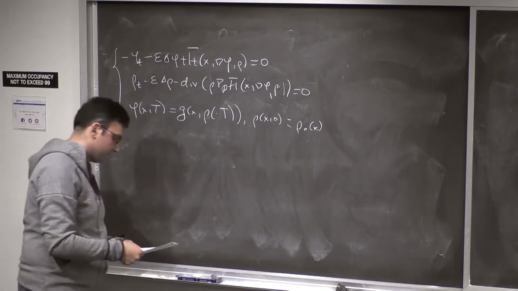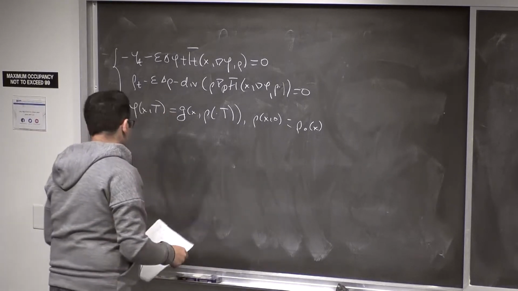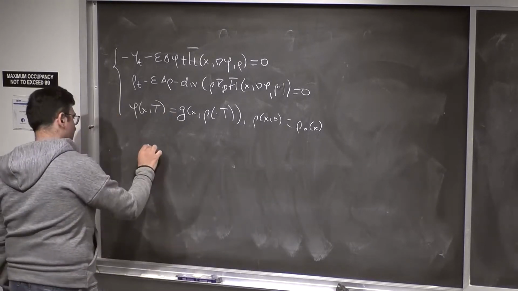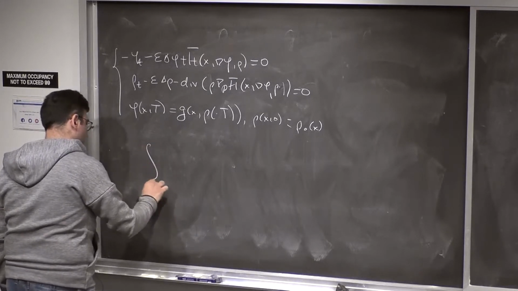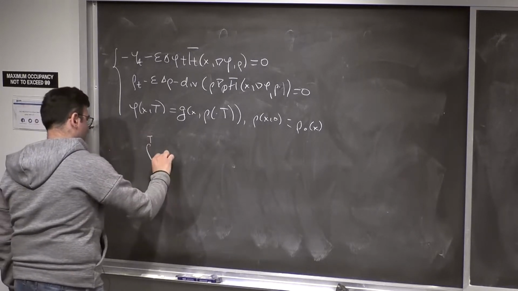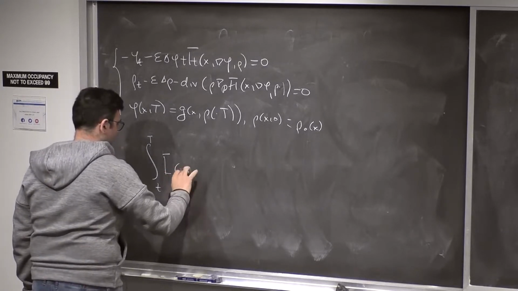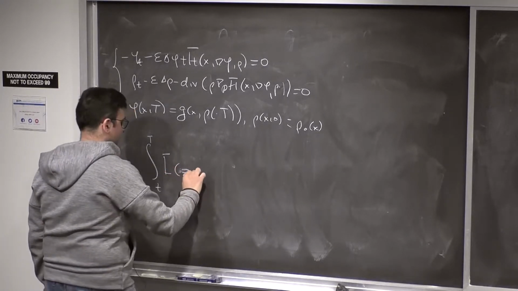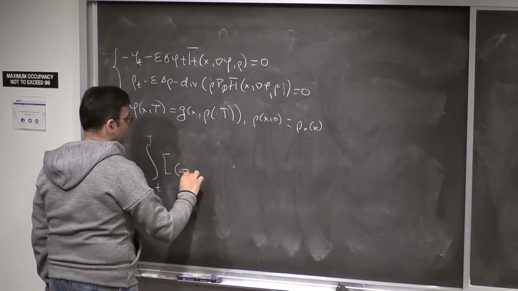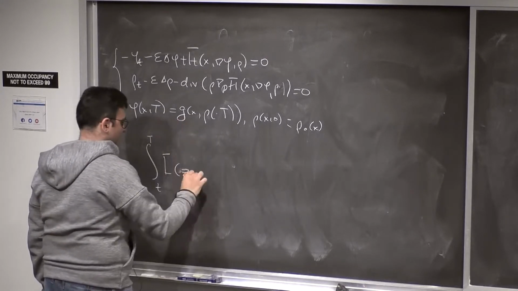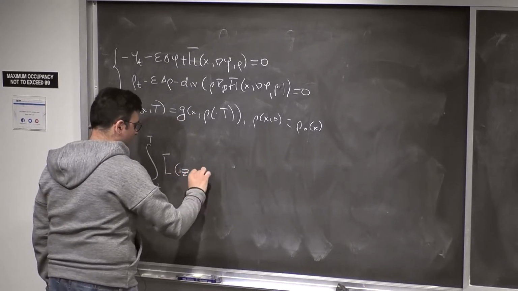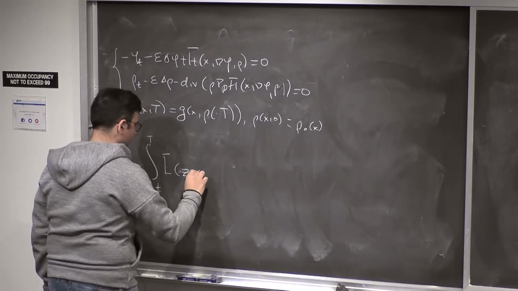And let's also just keep in mind the cost that an individual agent is minimizing. Here I'm assuming that we're in the case where we're controlling the velocity.